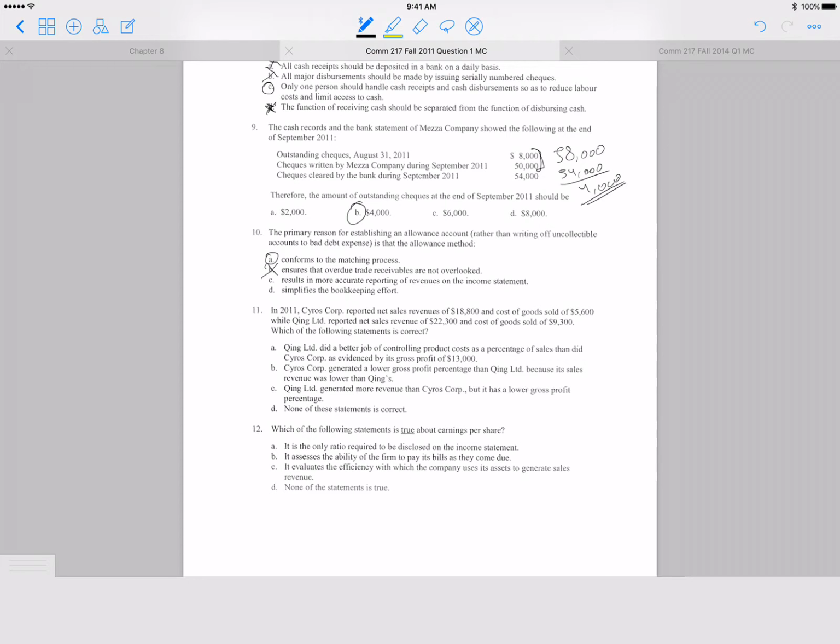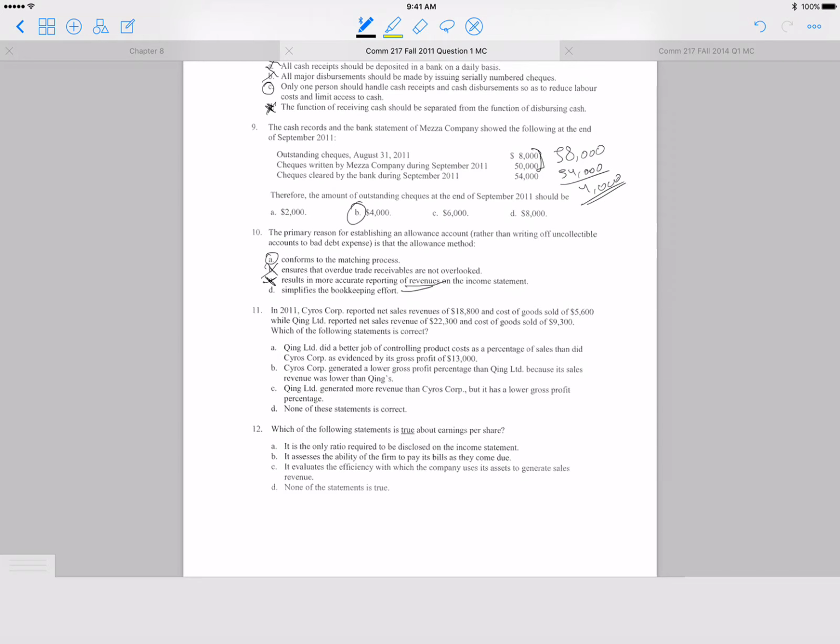So B is incorrect. C results in more accurate reporting of revenue. So they're saying revenue, and the account only handles expenses because you're debiting bad debt expense, and it only accounts for the true value of the accounts receivable. So it has nothing to do with revenue. So that's incorrect as well.